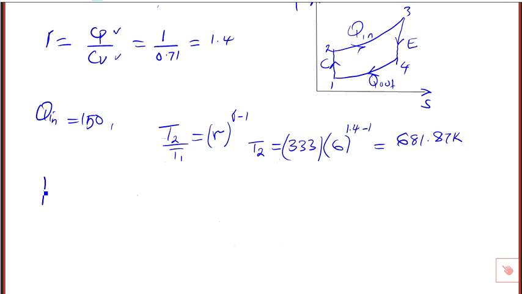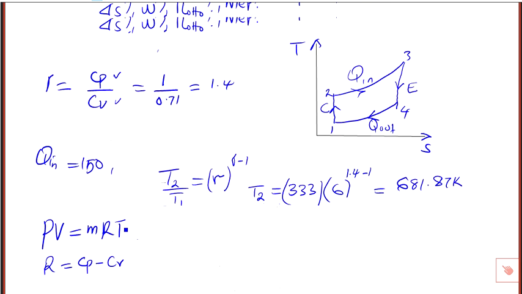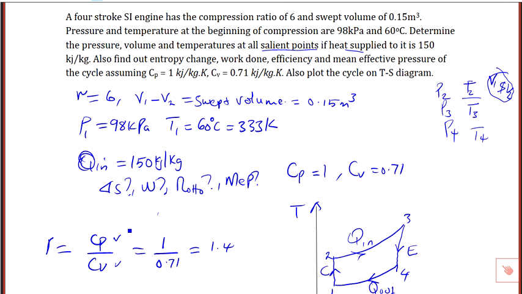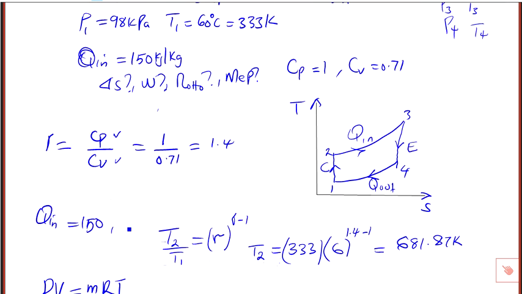if you can remember this formula, that PV is equal to mRT. Now the value of R, as I was telling you, R is given by Cp minus Cv. Is that right? So that is correct.